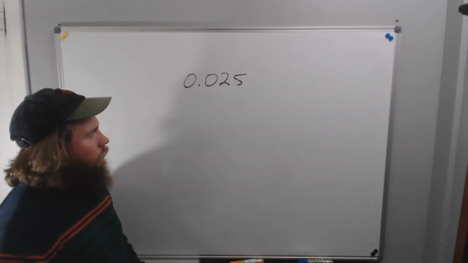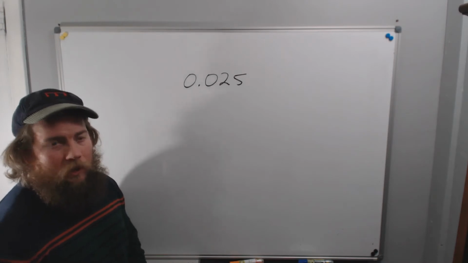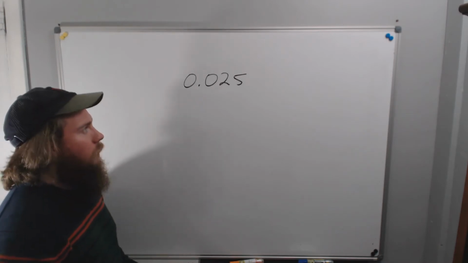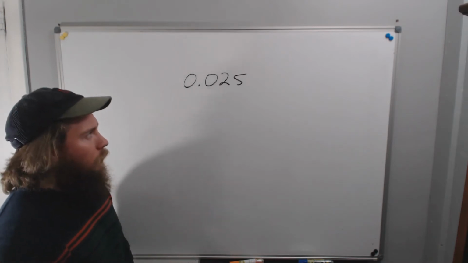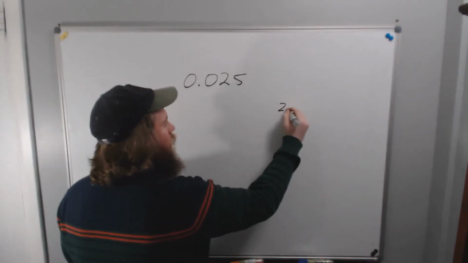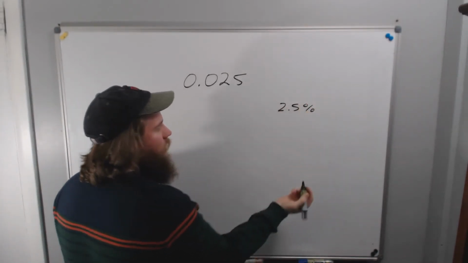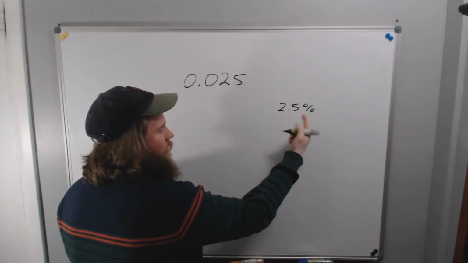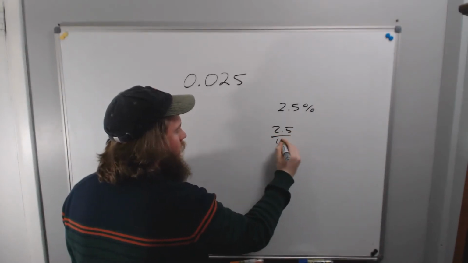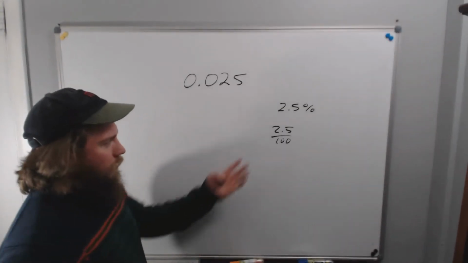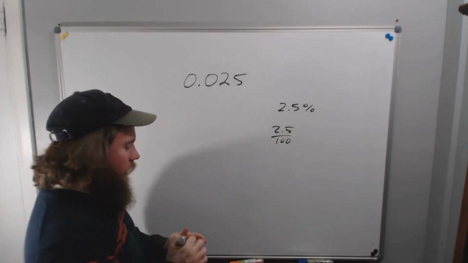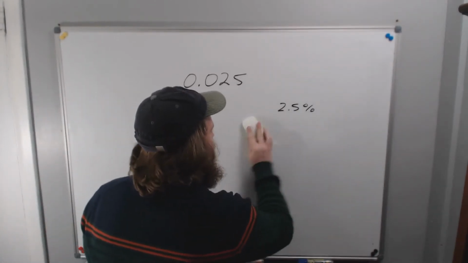Great. Okay, so now converting this to a fraction, well, there's a bunch of different ways that we can do this. We could have started with the percent, right? And so 2.5% is 2.5 out of 100. Well, then we have to do a bunch of stuff because we have a decimal there.